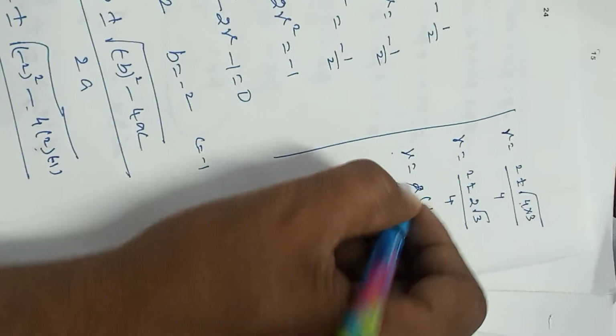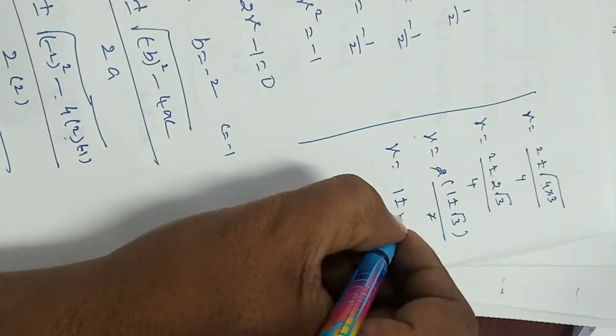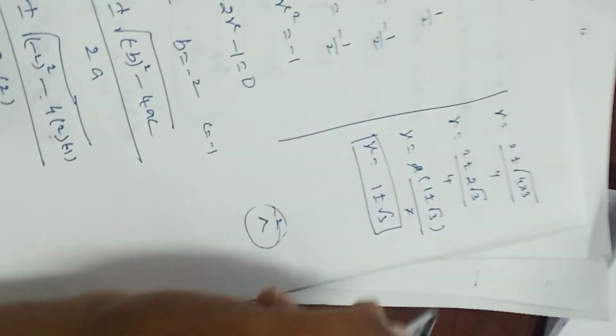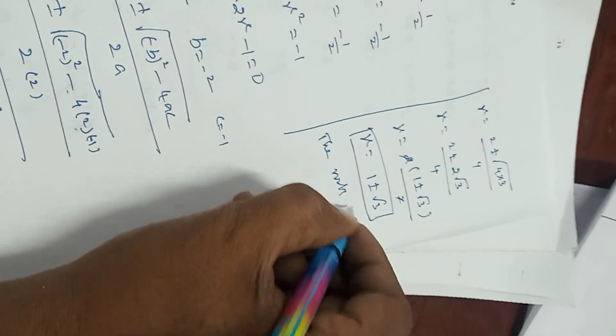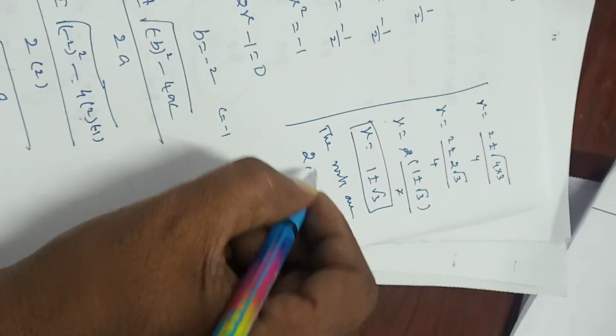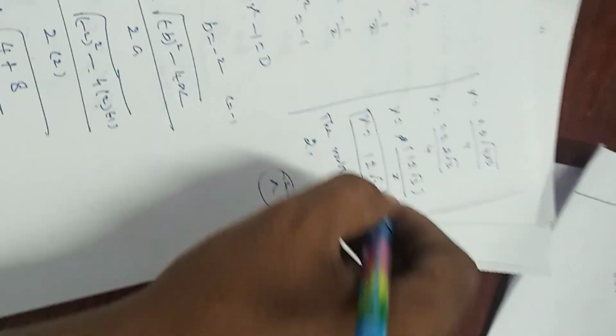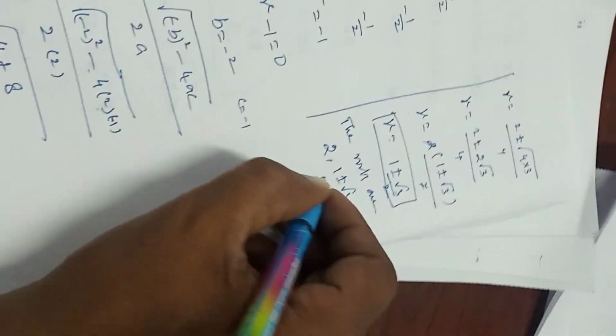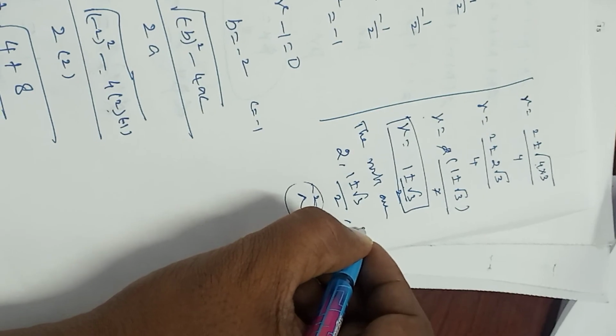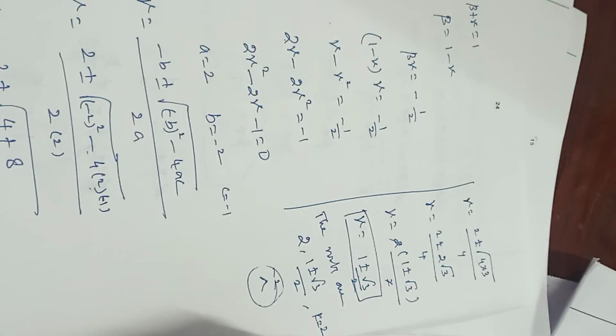Taking 2 common, gamma is equal to 1 plus or minus root 3 divided by 2. That's all. The roots are alpha equal to 2, and beta and gamma are 1 plus or minus root 3 by 2, and k is 2. The fourth sum is over.